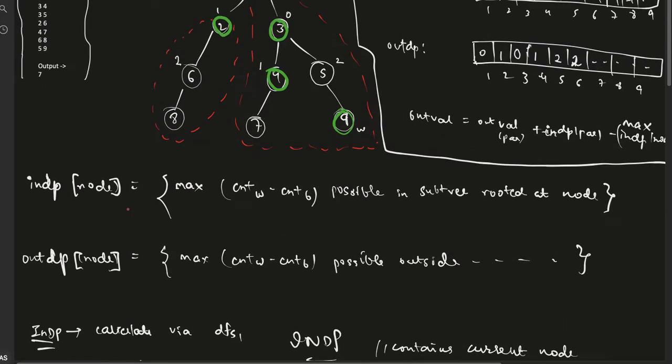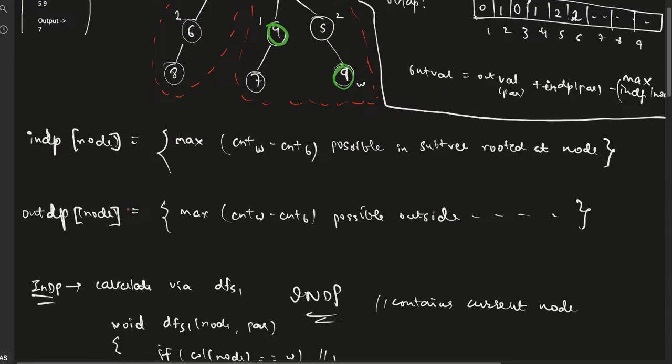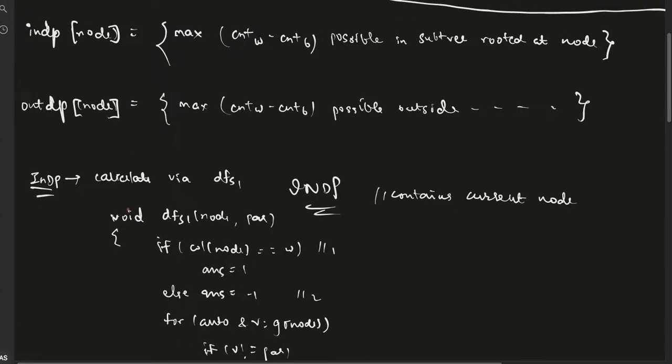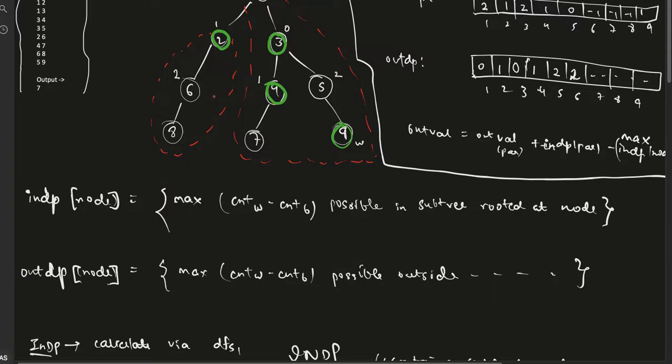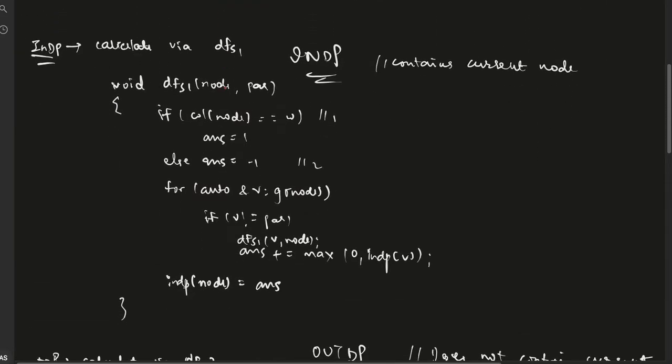So the way we calculate Ndp of node for each node is a plain DFS which looks like this. This is pseudocode.